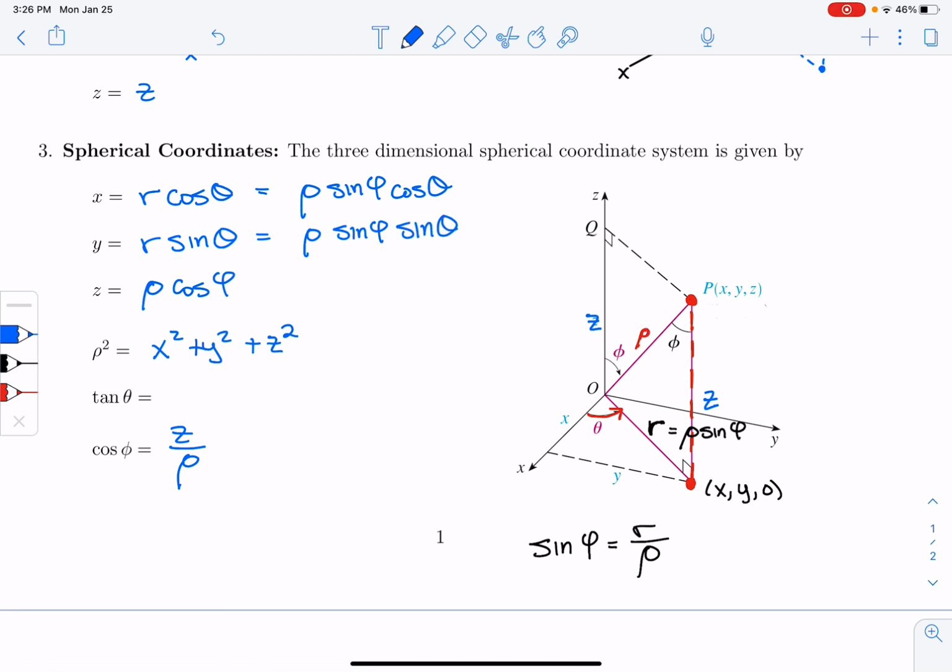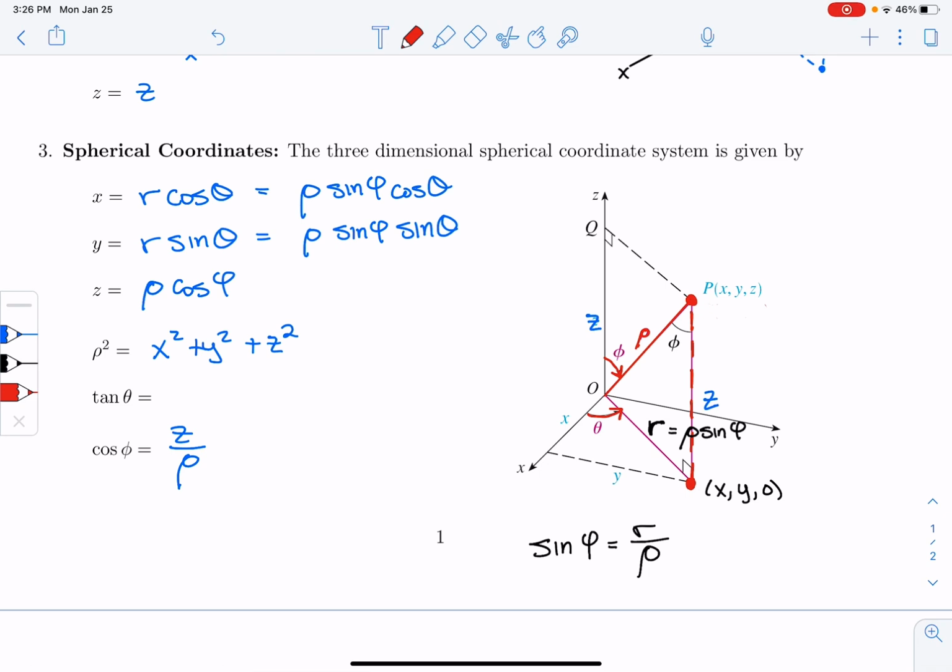And so now I can take a point that's described by a distance from the origin, that's rho, and then two angles, phi from the z-axis, and theta from the x-axis, and then I can describe the x, y, and z coordinates.